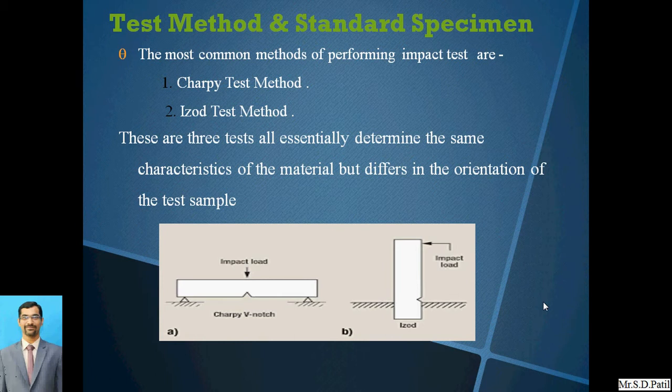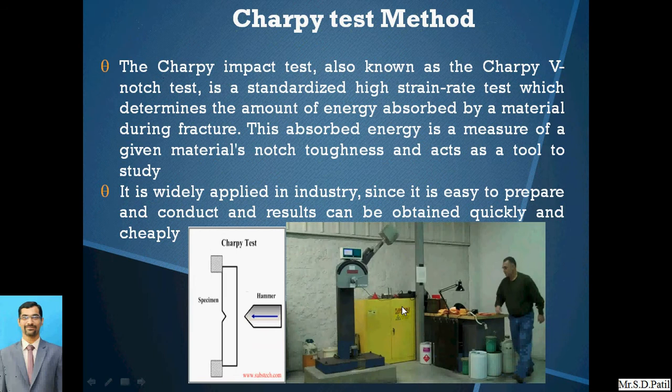This is the specimen shown over here, showing the specimen for the Charpy test and the specimen for the Izod test. Now, what is the Charpy test? The Charpy impact test, also known as the Charpy V-notch test, is standardized as a high strain rate test, which determines the amount of energy absorbed by the material during fracture.